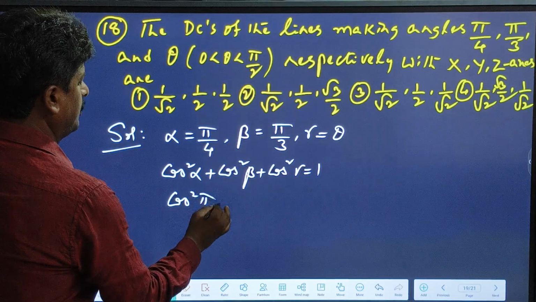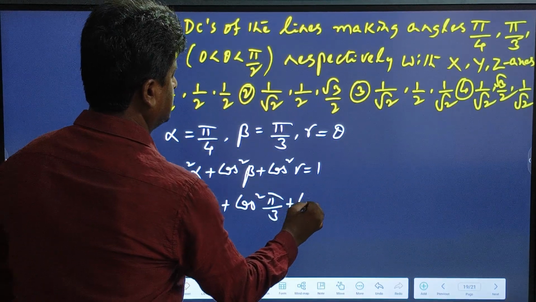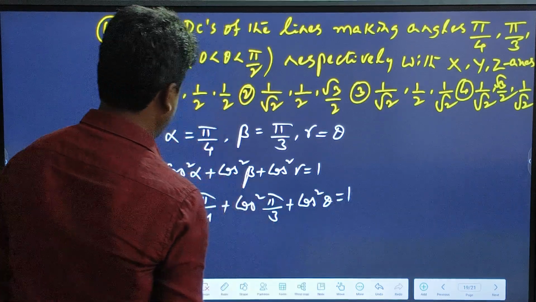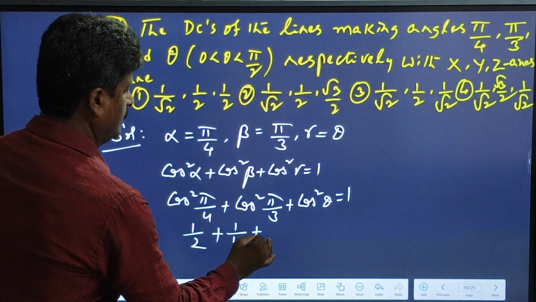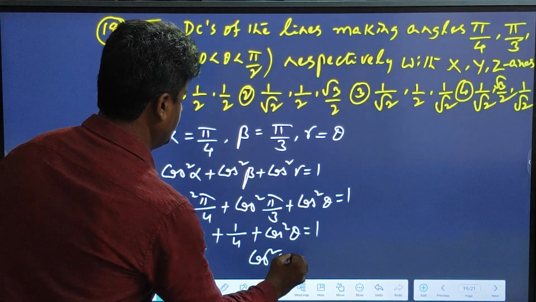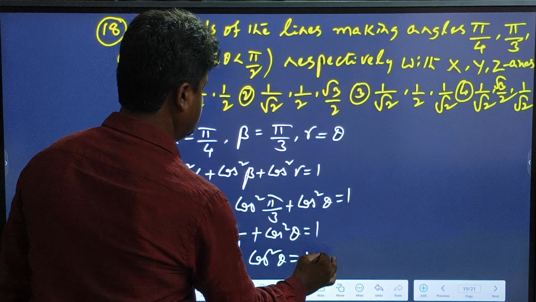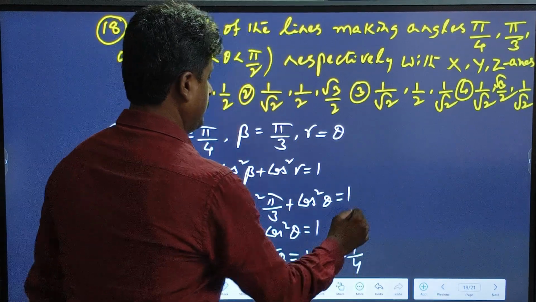Cos square pi by 4 plus cos square pi by 3 plus cos square theta is equal to 1. This is 1 by 2, this is 1 by 4, so cos square theta is equal to 1 minus 3 by 4, which is 1 by 4.